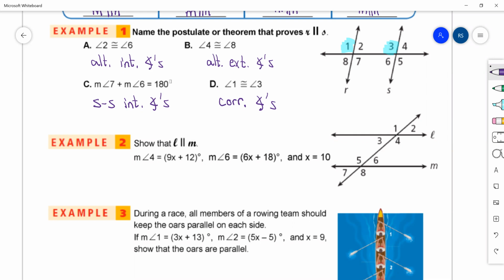They give us all that information. So let's see what should happen here. We're given angle 4 and angle 6. What kind of angles are these? Same side interior angles.